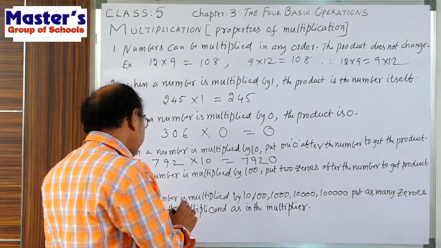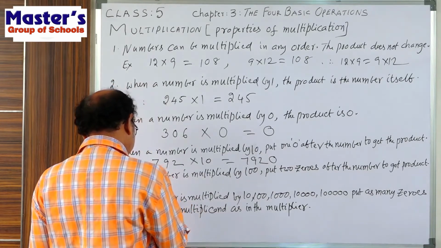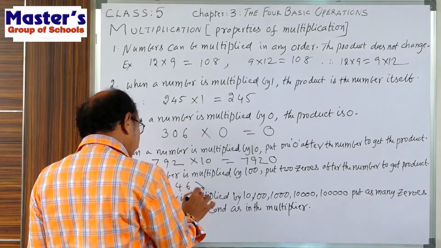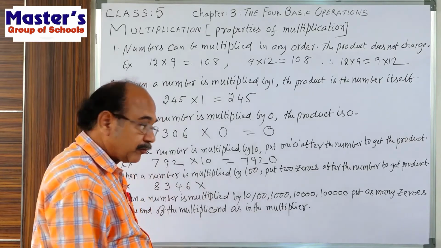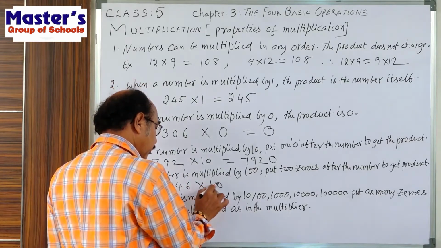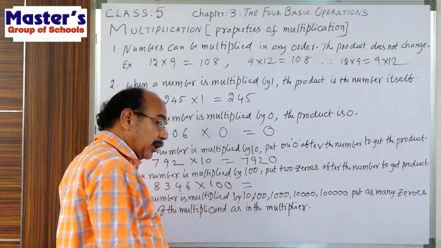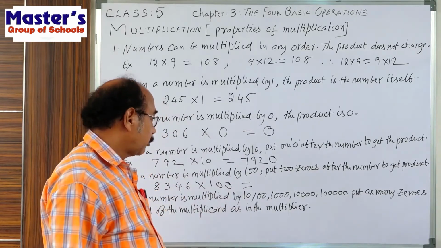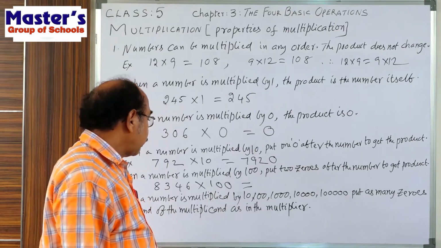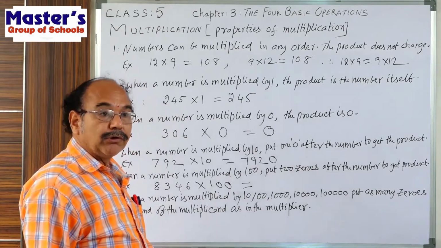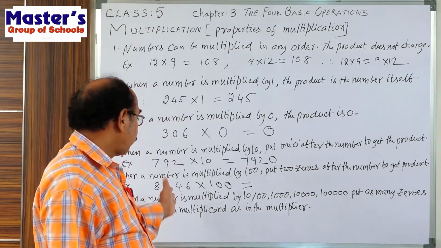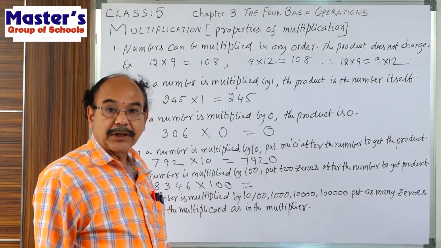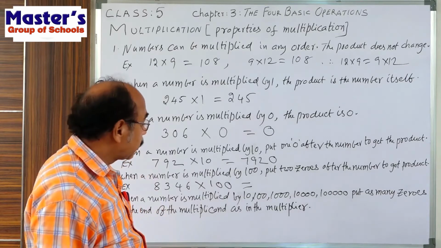So here, take one number, suppose 8346. Multiply this with 100. So to find the product, what we do here, simply we keep 2 zeros after this number. In 100, 2 zeros are there.